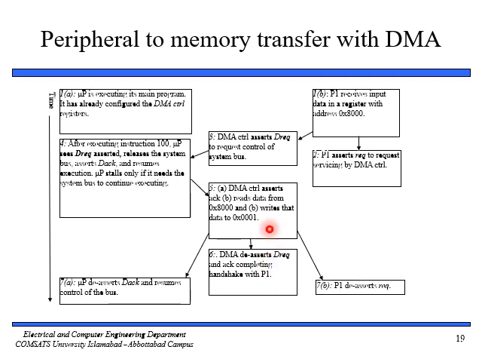So once this is done, it will deassert the signal of DREQ that was sent to it by P1. In 7A, the microprocessor deasserts DACK and resumes control of the bus. So once DMA is done servicing P1, the microprocessor will deassert DACK and resume control of the bus. In 7B, P1 deasserts request.